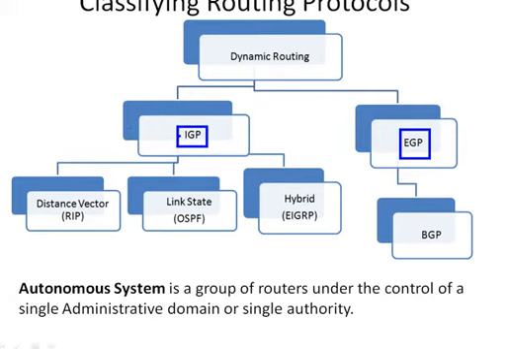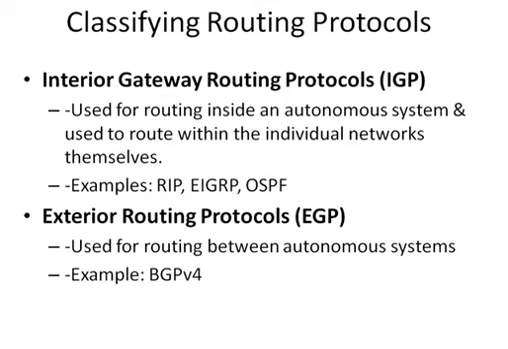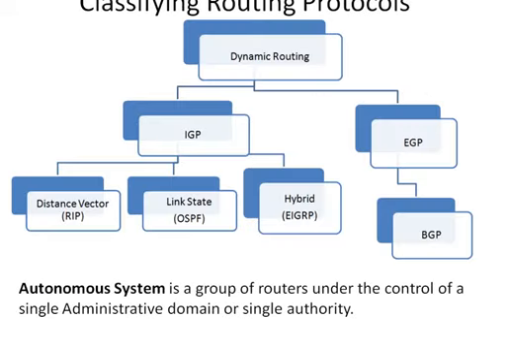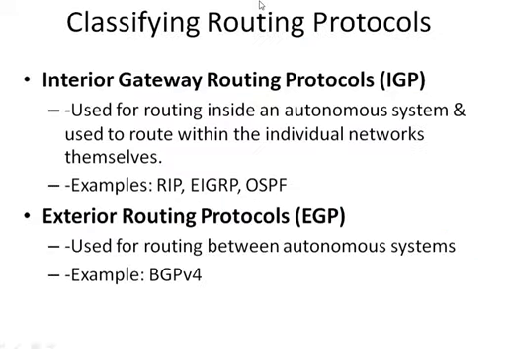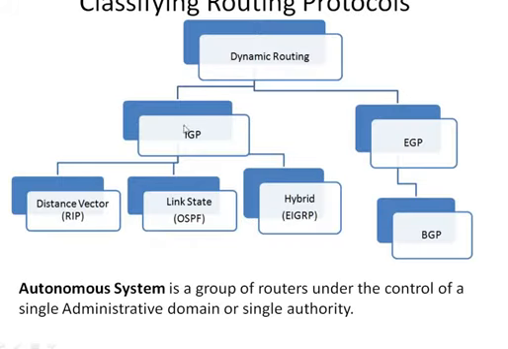Now what is this IGP and what is this EGP? That is differentiated with the help of one word that is known as autonomous system number. What is this autonomous system number? This is the autonomous system number.